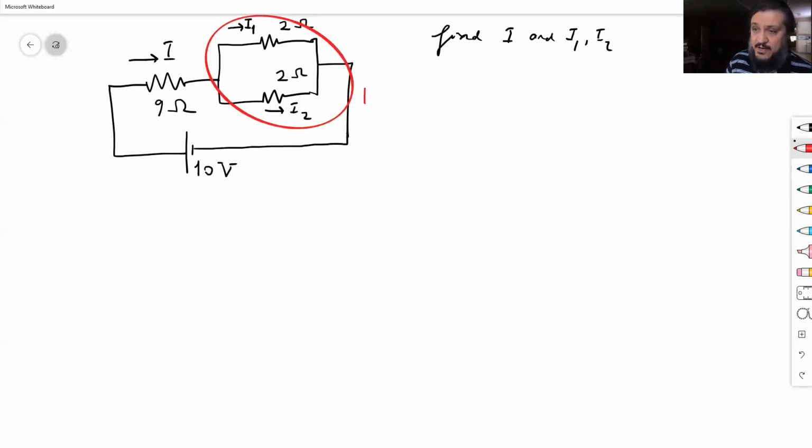because they're obviously in parallel. Call it R prime. You have two 2 ohm resistors, so R prime will be only 1 ohm. 1 over R prime is equal to 1 divided by 2 plus 1 divided by 2. That is 1. Therefore R prime is 1 ohm, just half of it. Now, consider R prime and the 9 ohms. They are obviously in series, right?